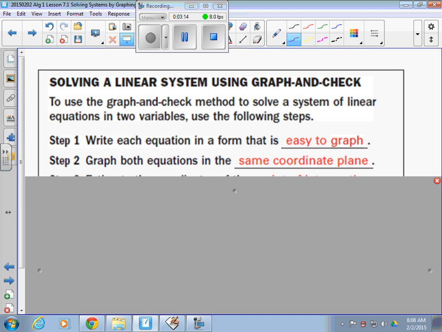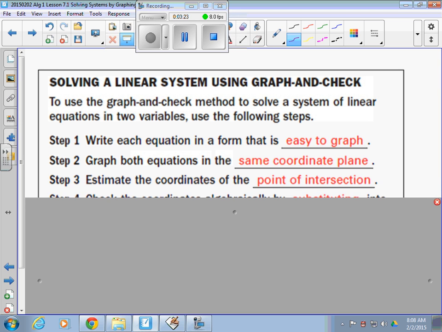Step number 2 is to graph both equations in the same coordinate plane. So graph them both on the same plane. Step 3 is to estimate the coordinates of the point of intersection. When I looked at all of these really quick before we're going over this, they all go through at integer points, which means if it is really close to what we consider whole numbers, that's the numbers you're going to use.